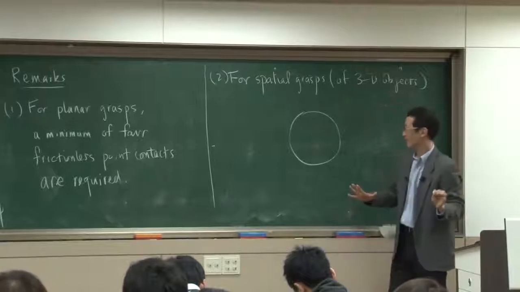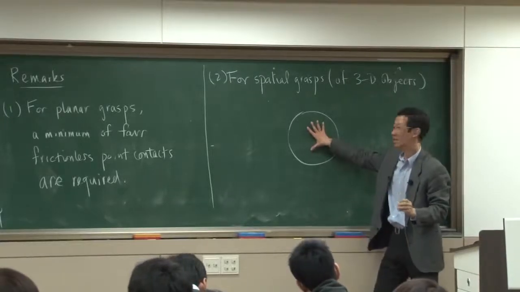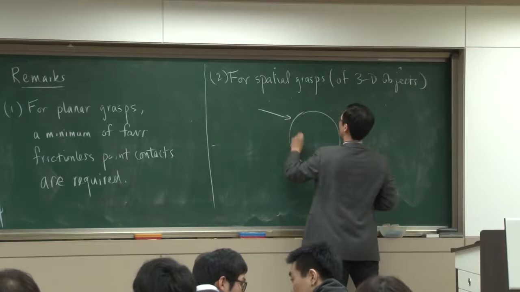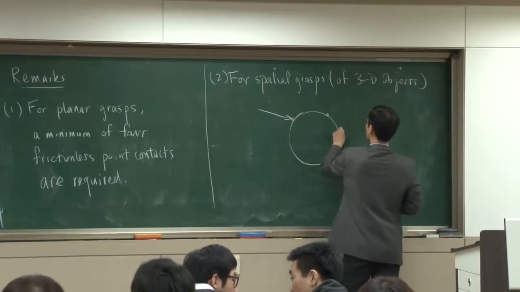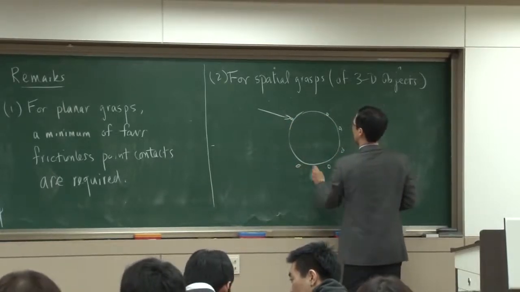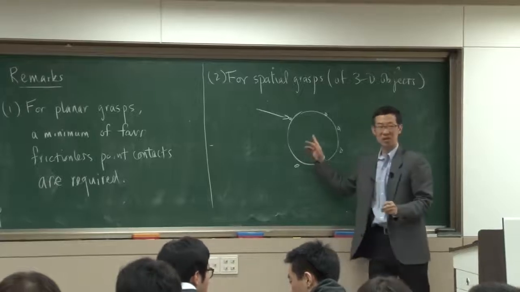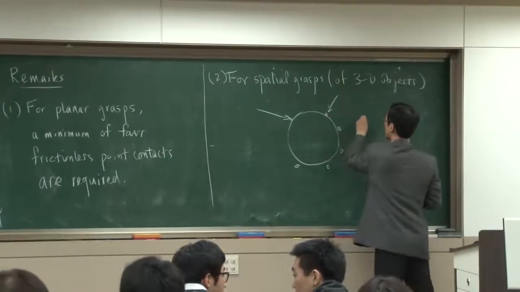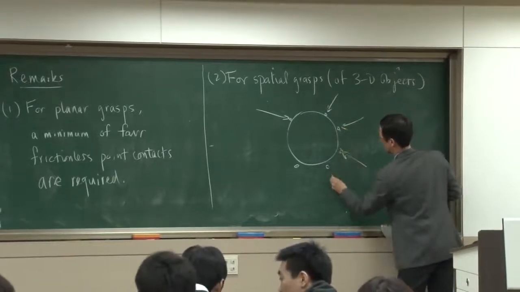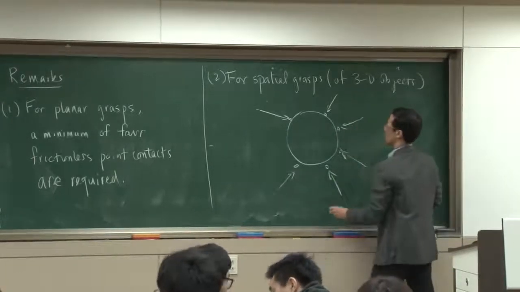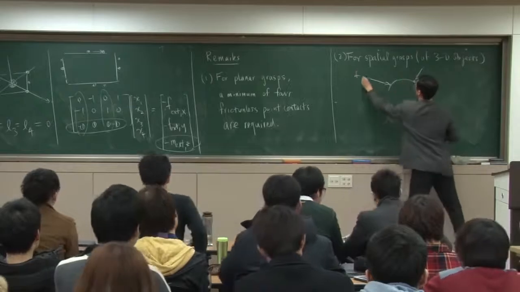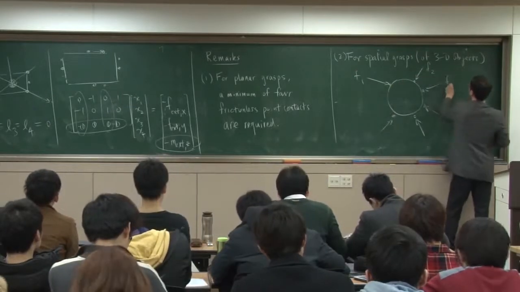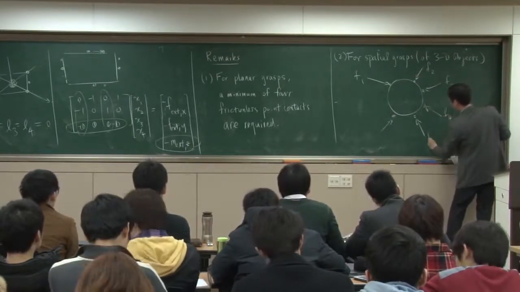So we can do this, actually. Here's a 3D object. Let's have these contacts here, various contacts. Frictionless, so the forces can only be applied in the normal direction. Here's F1, F2, F3, F4, F5.